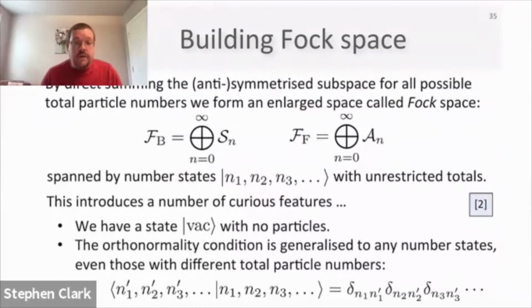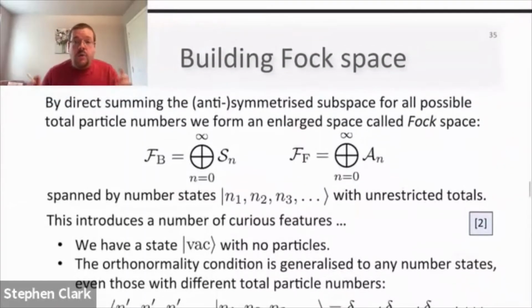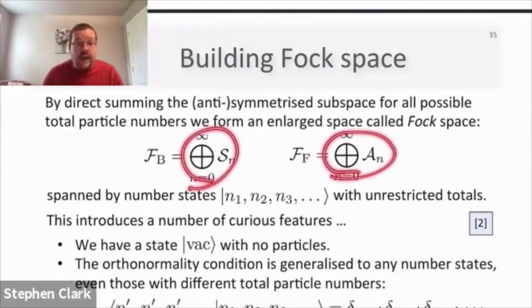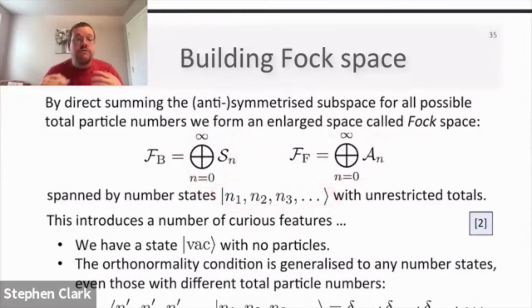Okay, so if we add up all of these spaces, these total particle number spaces, we can add them all up for 0 to infinity number of particles. We end up with the Fock space of bosons and the Fock space of fermions if we add up the symmetric or the antisymmetric. And they're all spanned by the same occupation number states with unrestricted total numbers.